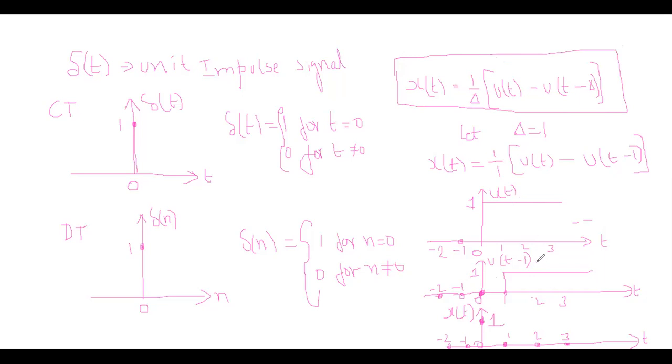You can subtract these two, you'll get x(t) at t equal to 0 only. The remaining values are all 0. That is equivalent to the delta function. Understood, my dear students?